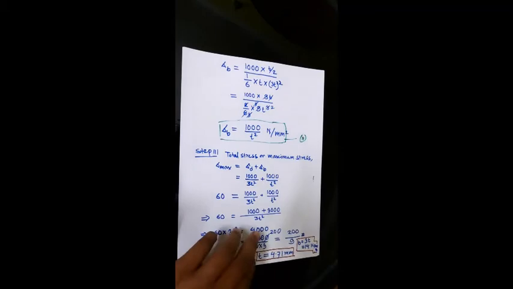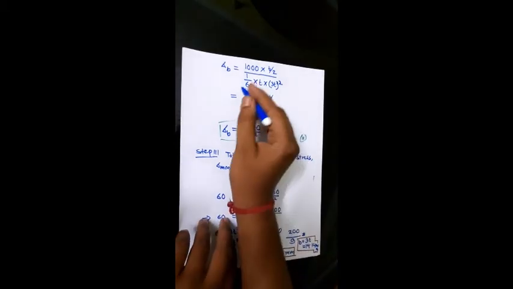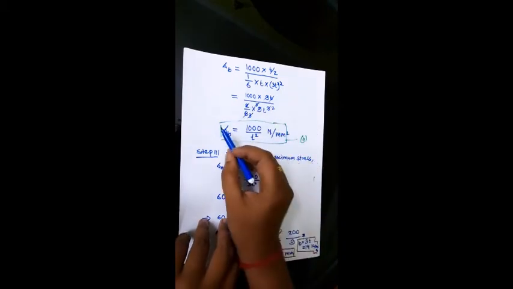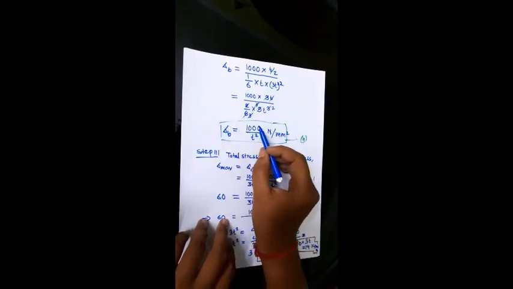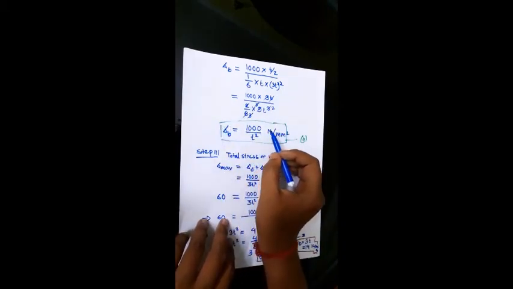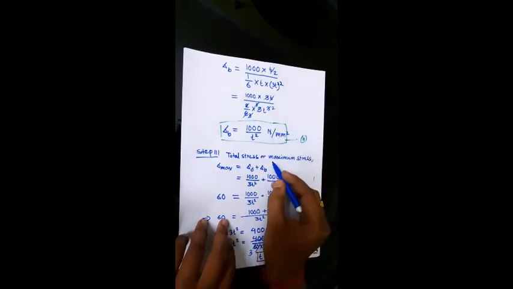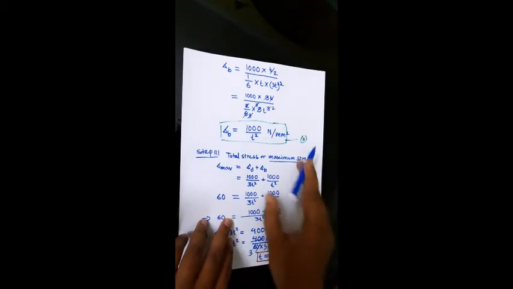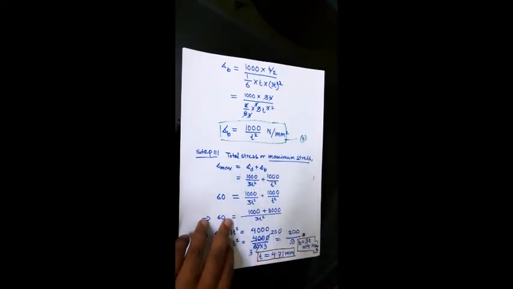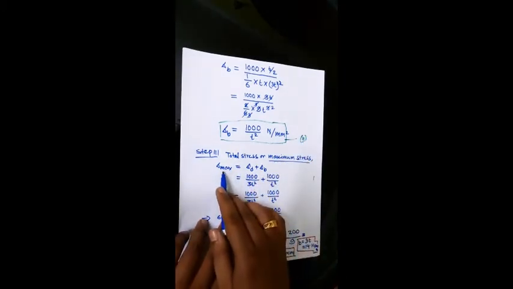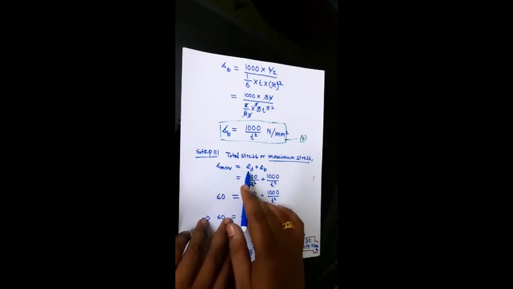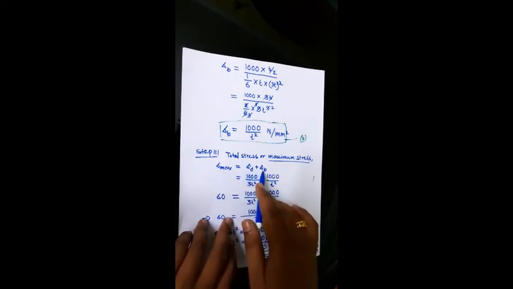Now by simplifying the value of sigma b, we got sigma b equal to 1000 by t square, in Newton per millimeter square. Now the maximum stress value has been given in the problem. We have seen that maximum stress will be sigma d plus sigma b, that means direct stress plus bending stress.